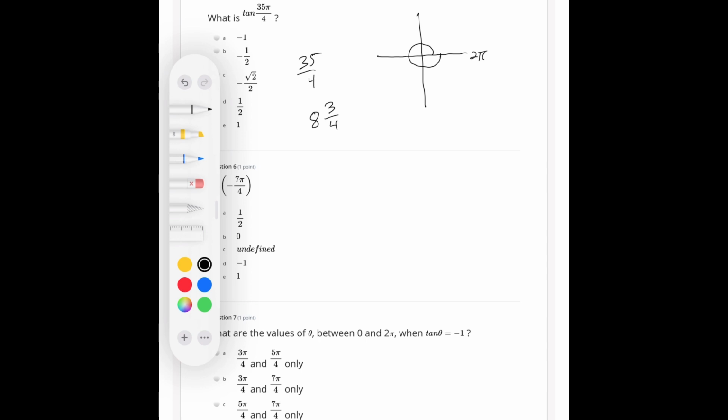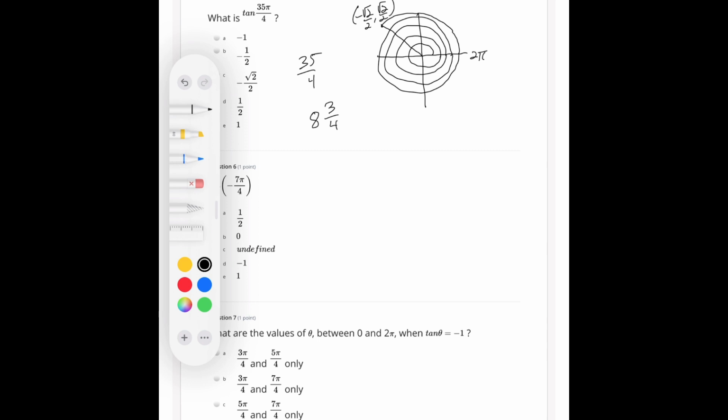So I'm at 2 pi, 4 pi, 6 pi, 8 pi, and now I need to go 3/4 pi more: 1/4, 2/4, 3/4. We're in the second quadrant, right in the middle. The coordinate there is negative root 2 over 2, positive root 2 over 2.